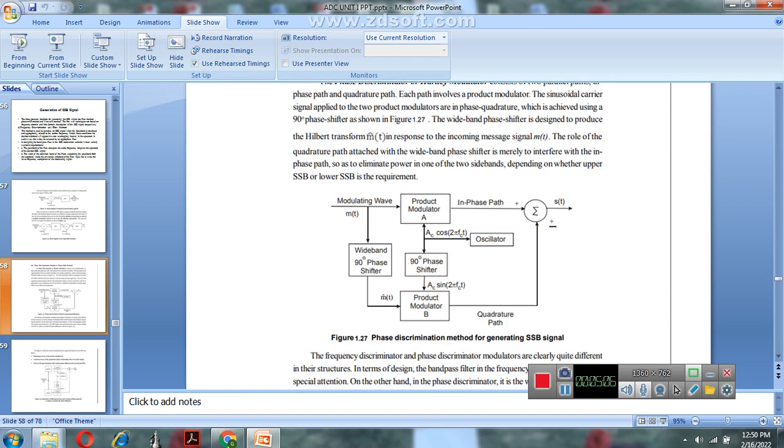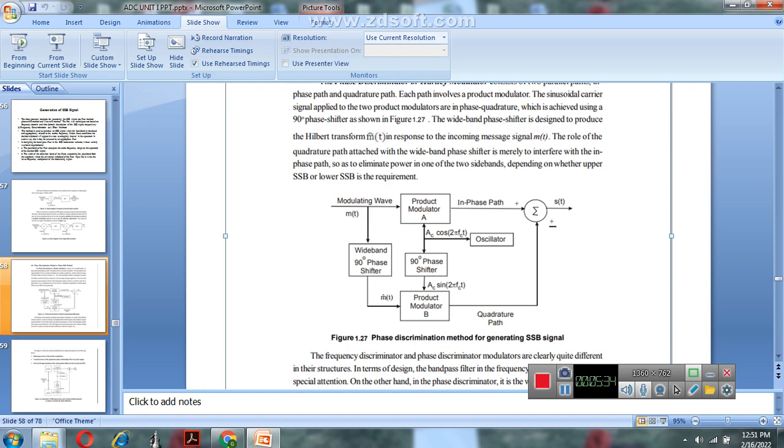Next method, the phase discrimination method or phase shift method. This is the block diagram of the phase shift method. This block consists of two product modulators, A and B. The first product modulator A has the input modulating wave and another input coming from the oscillator, whose output is the carrier signal.